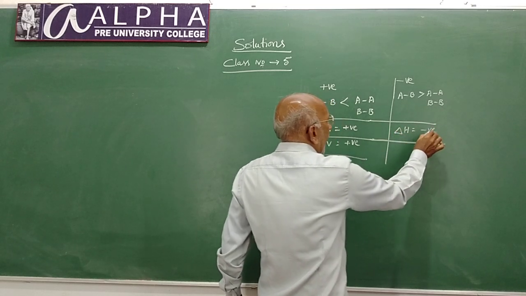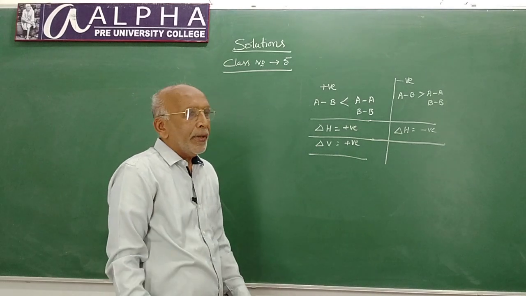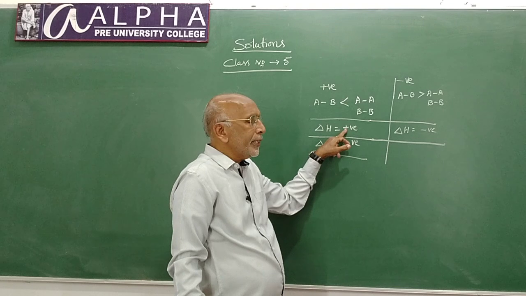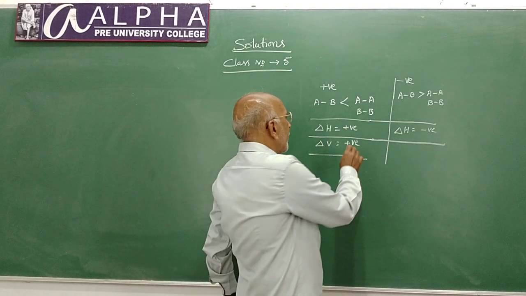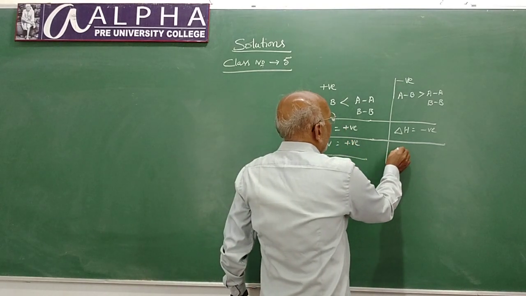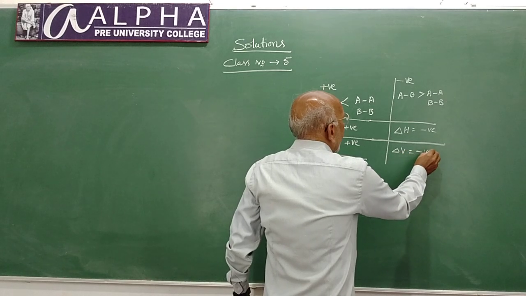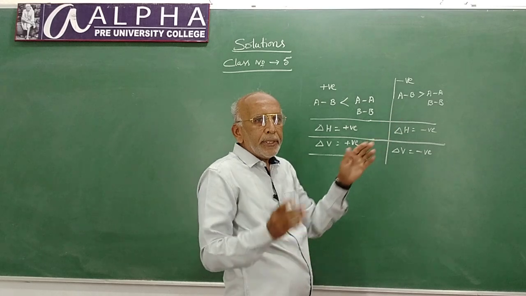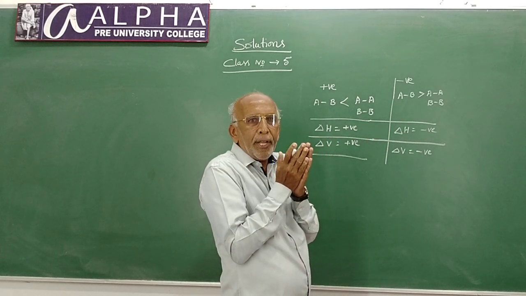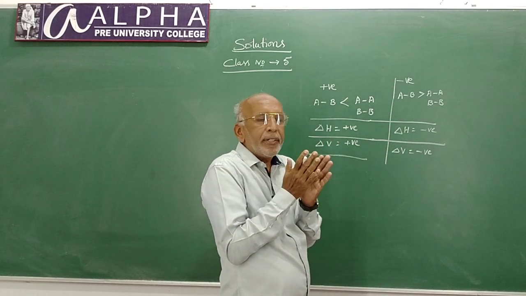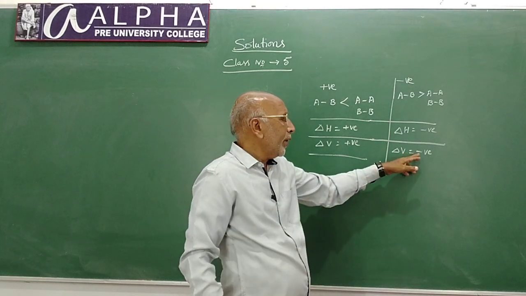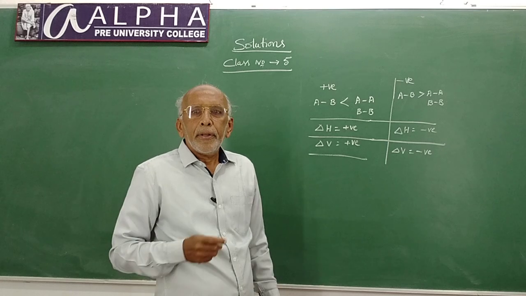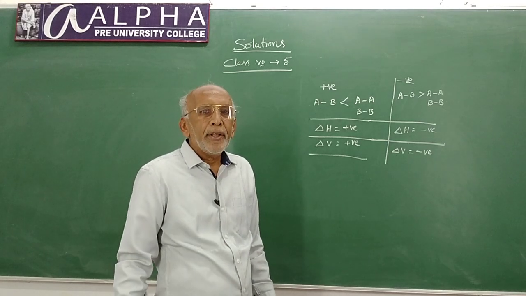It is followed by liberation of heat. This process is exothermic, that process endothermic. Here volume increase takes place. Here volume decrease takes place because attractive force is more. As a result, the particles come closer. Consequently, size decreases. Therefore, final volume is less than the sum of the initial volumes of constituent liquids.